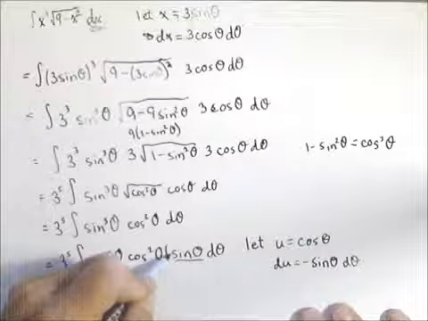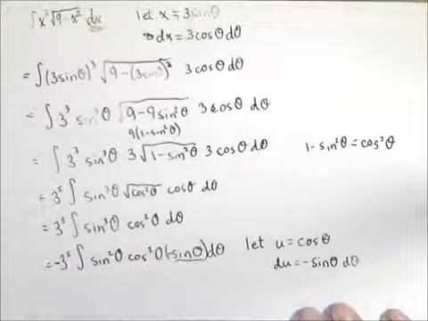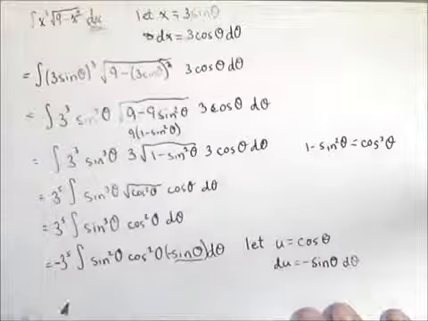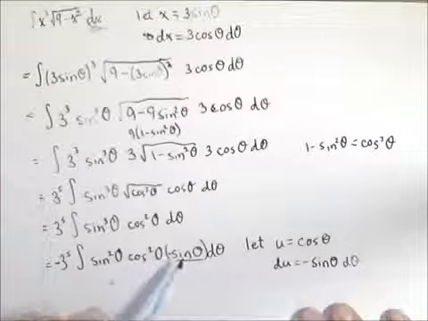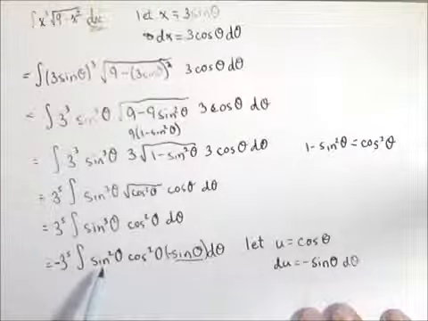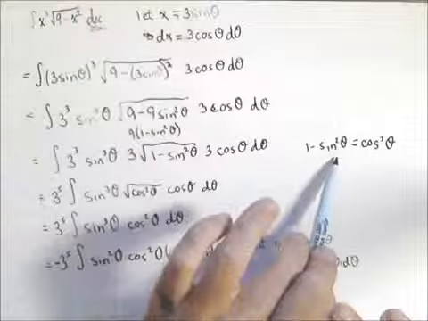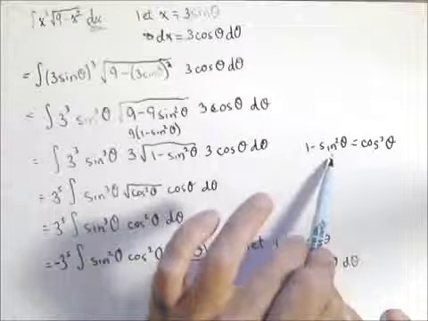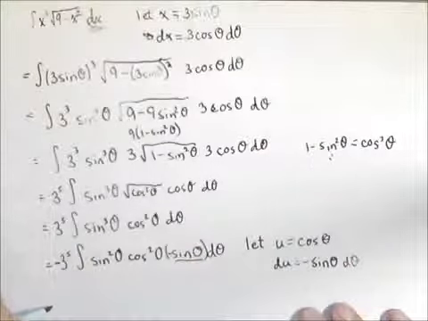So I need that to be negative, so I add a negative inside, which means I need to add a negative out front. And I now have my u sub almost. We're good here, we're good here. But what about sine theta? Well, we're just going to reverse this Pythagorean identity. Sine squared theta is equal to 1 minus cosine squared theta.